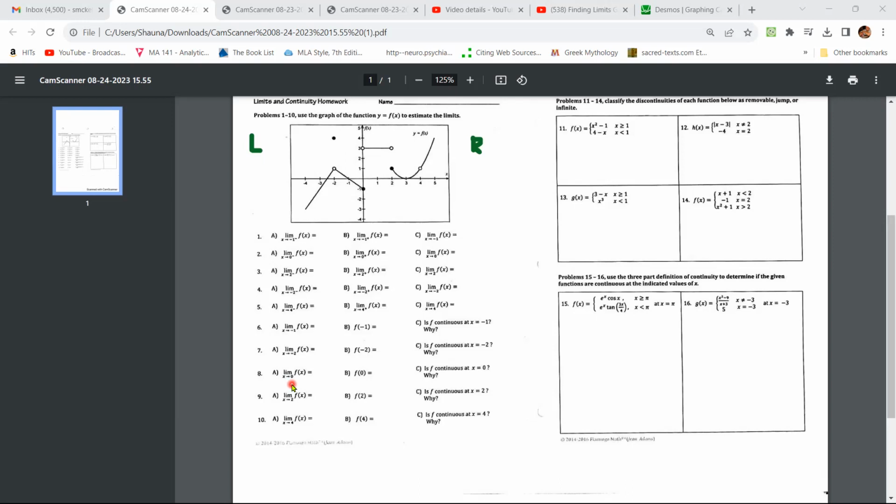So that means it's not continuous. Good, you're doing great. Now why is it not continuous? Because the limit does not equal the value of the function. Something like that? Essentially that's true, but the limit doesn't even exist here, right?